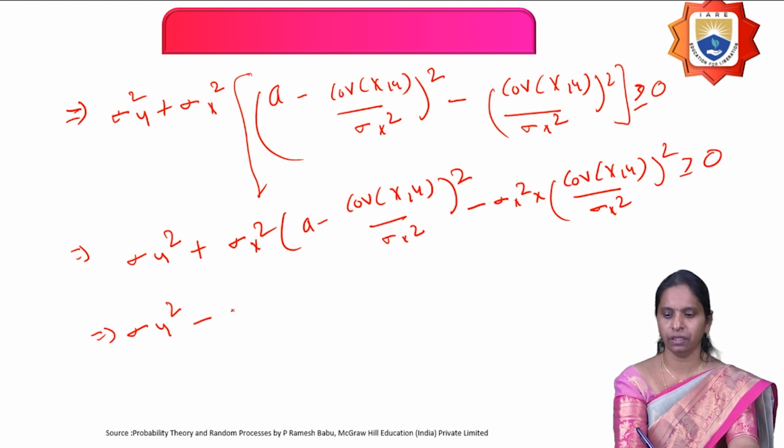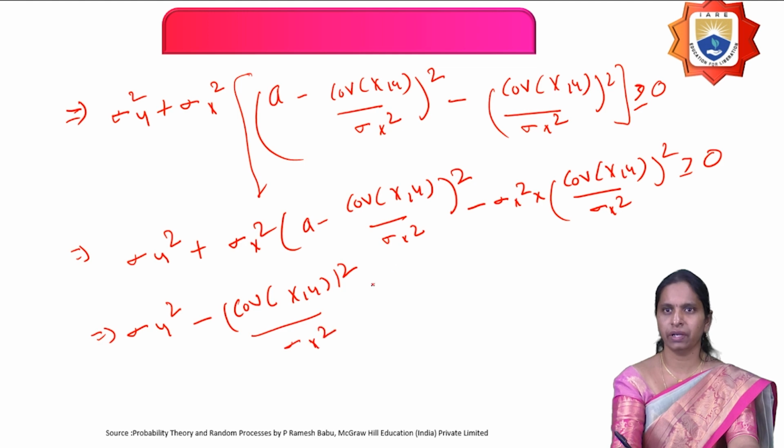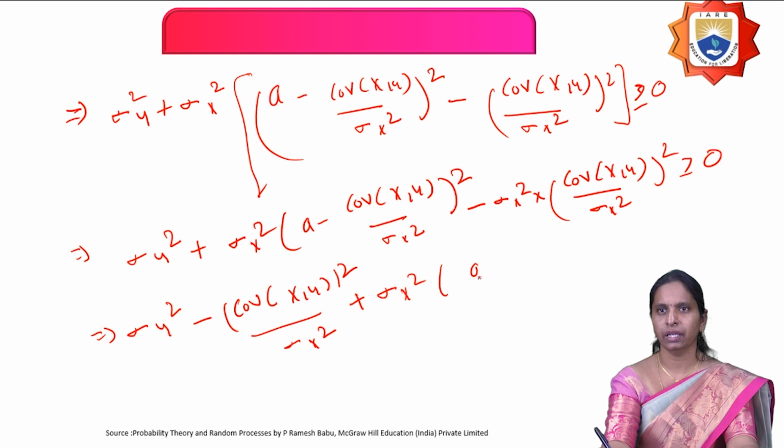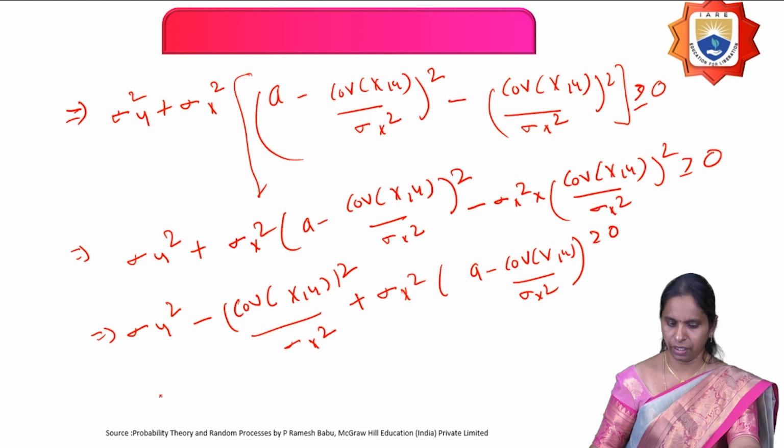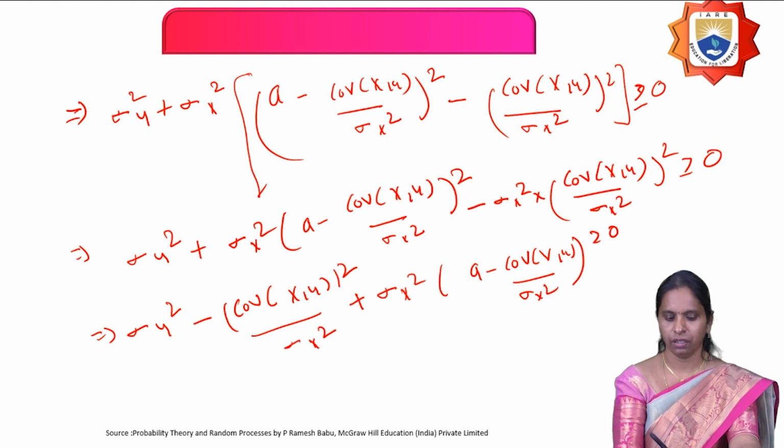Then what can you obtain here? Covariance of x comma y whole square by sigma x square plus sigma x square into a minus covariance of x comma y by sigma x square whole square greater than or equal to 0. Now here take sigma x square LCM.